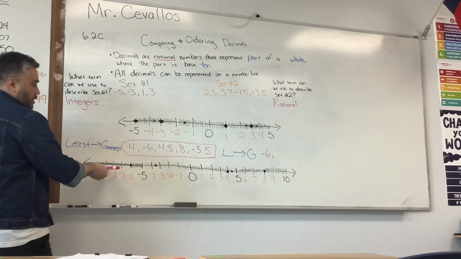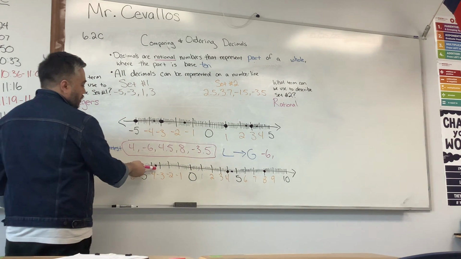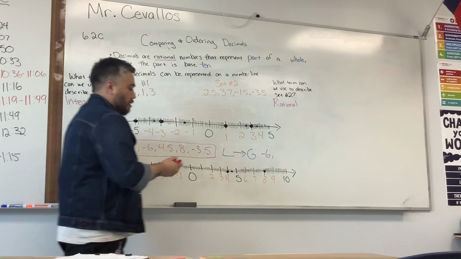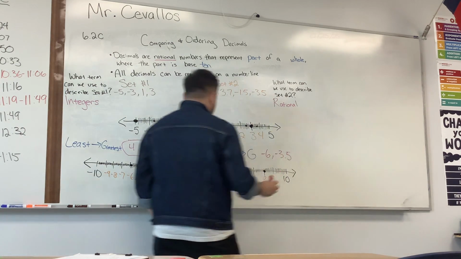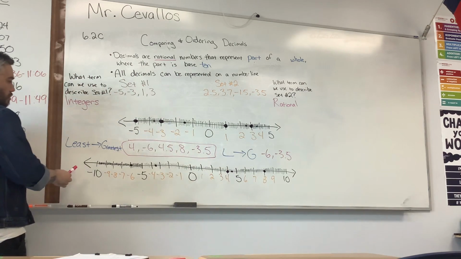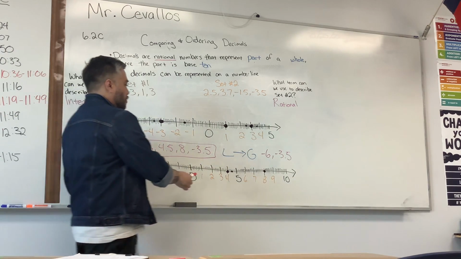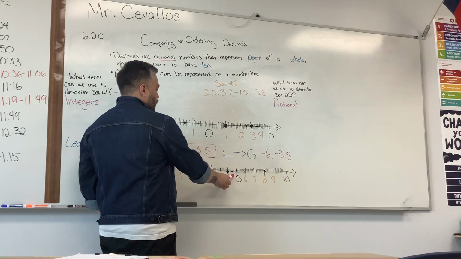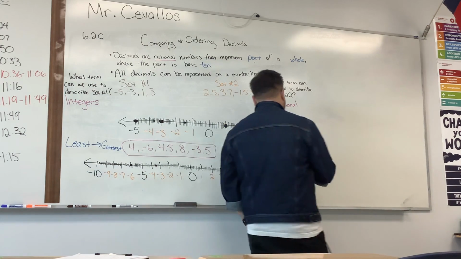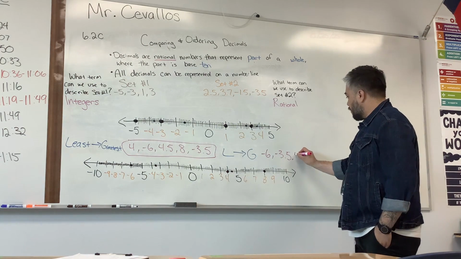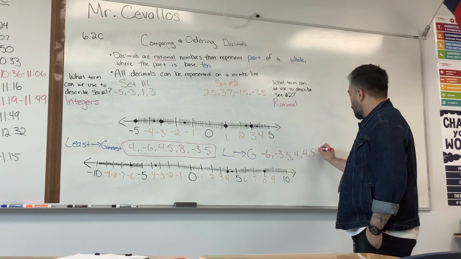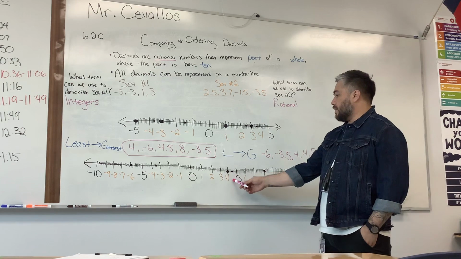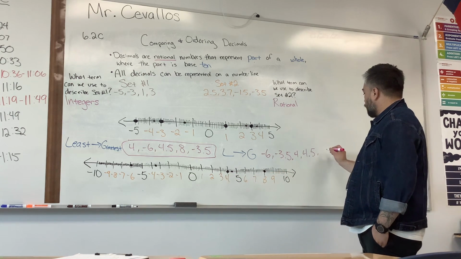If I just keep following this number line, I end up at negative 3.5. If I continue to follow this number line, I'll end up at 4, and then right after that, 4.5. And then finally, I'll end up at 8.